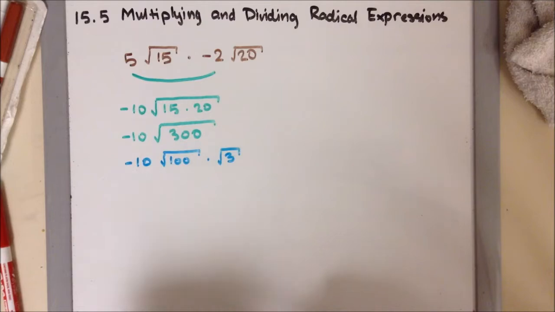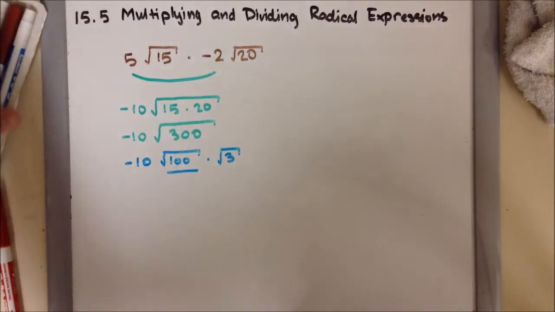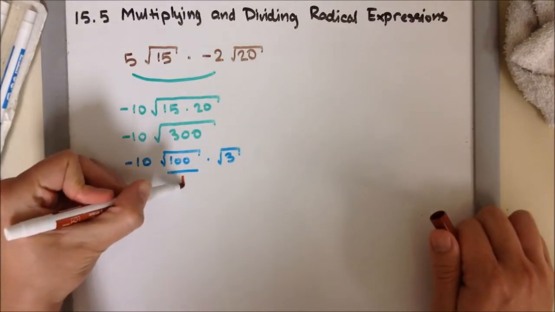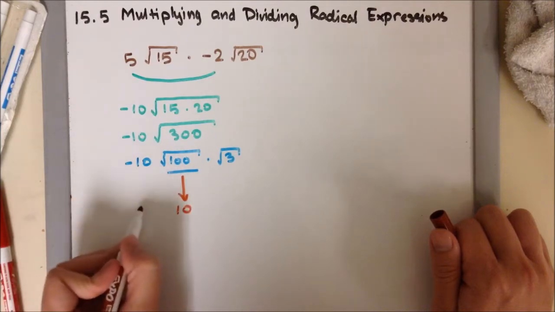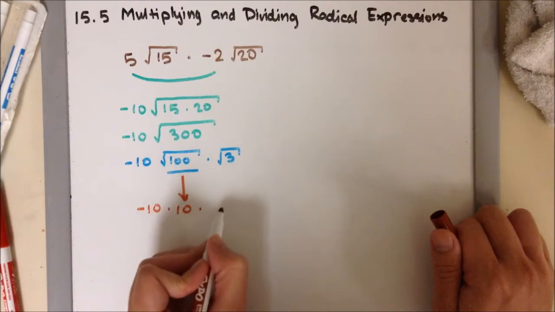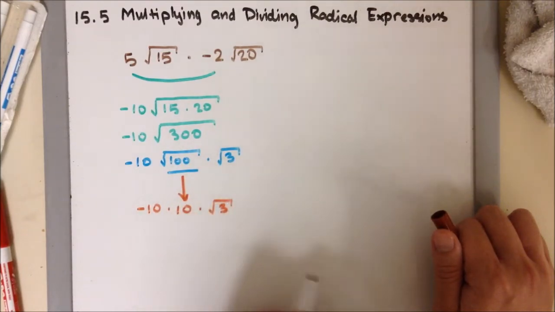And the only one that I could do the square root of is the square root of 100. So the square root of 100 is 10. I still have the negative 10 outside, multiplying, and I'm going to bring down the square root of 3 because that's in its simplest form.